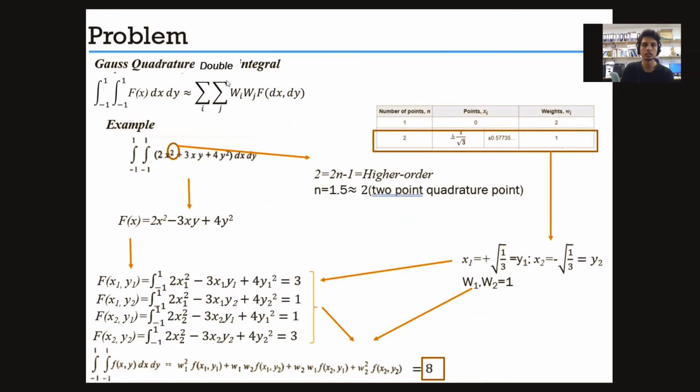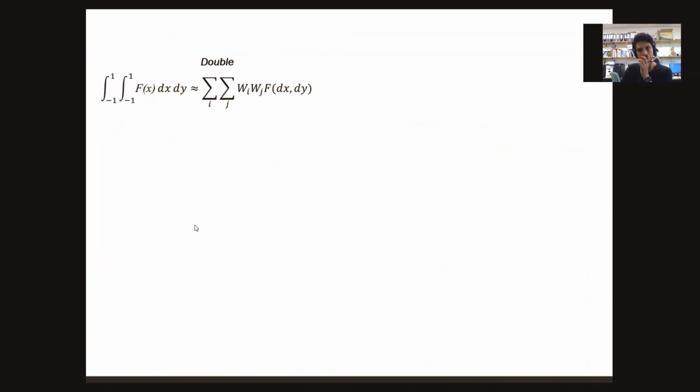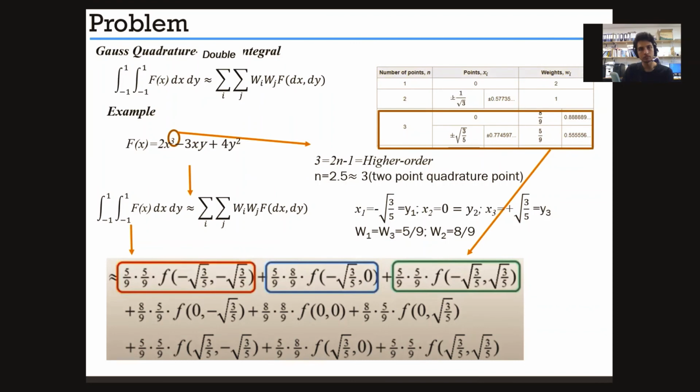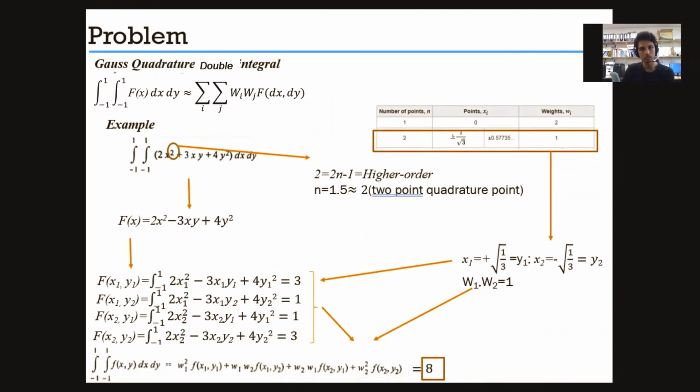So in the double integral, we had followed this one, x1 y1, x2 y2, and x2 y1. For the 4 points we have gotten the result, right? However, how about if the higher order is 3 instead of 2?